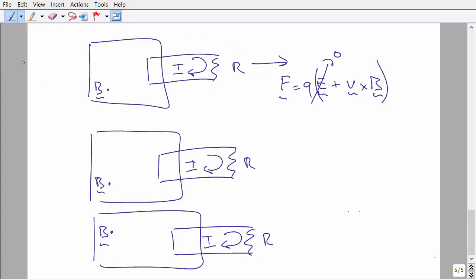We're now going to pull this away in that direction, and in both cases, let's pull it away at speed v. In this case, if we think about the force law, we know that F is equal to QE plus v cross B.